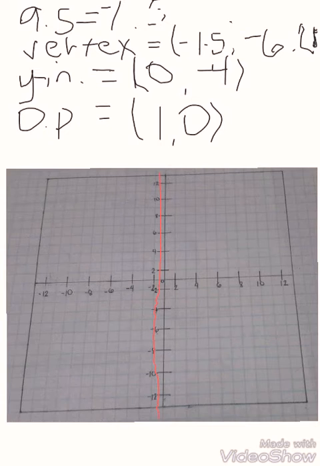And then the vertex was negative 1.5, and we're going down to negative 6.25. And the y-intercept is 0 and negative 4, so here 0 and negative 4.